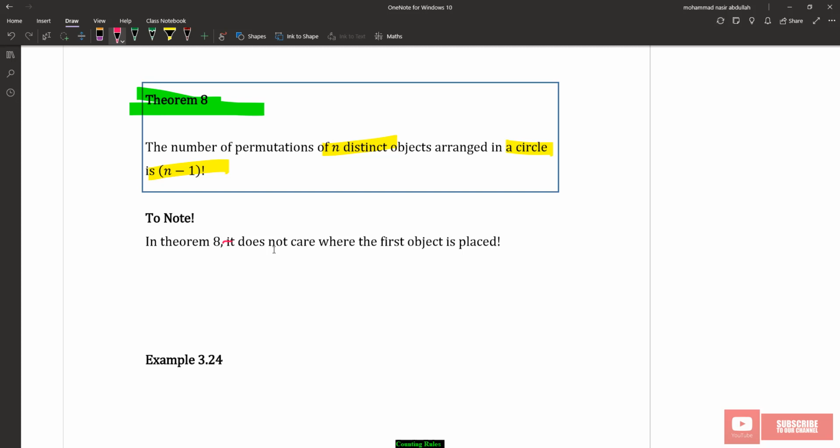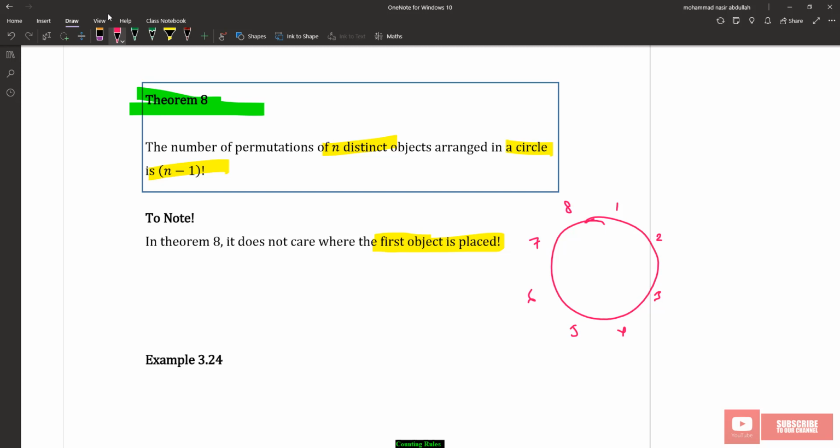So in theorem number 8, we do not care where the first object is placed. Let's say you want to arrange a dinner table. Let's say you have 1, 2, 3, 4, 5, 6, 7, 8, 8 persons at a table. You want to arrange who sits where first.